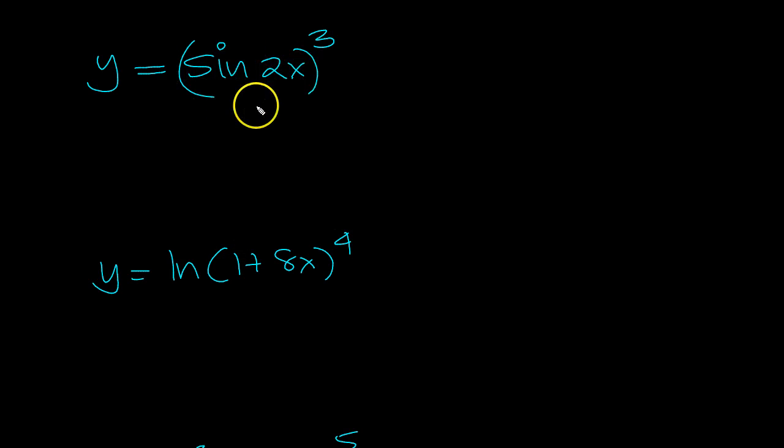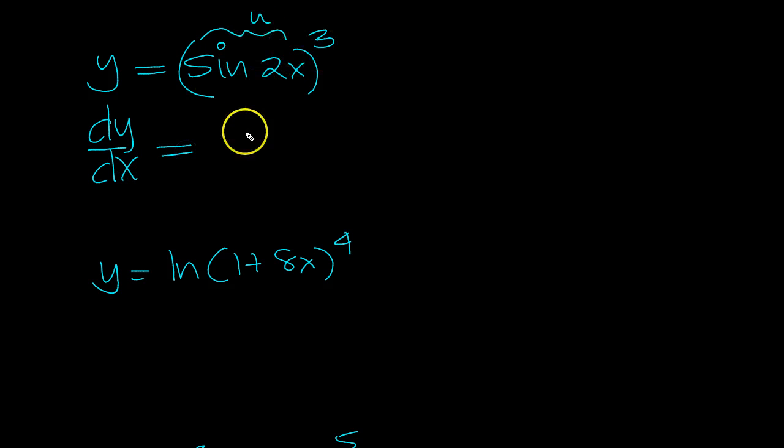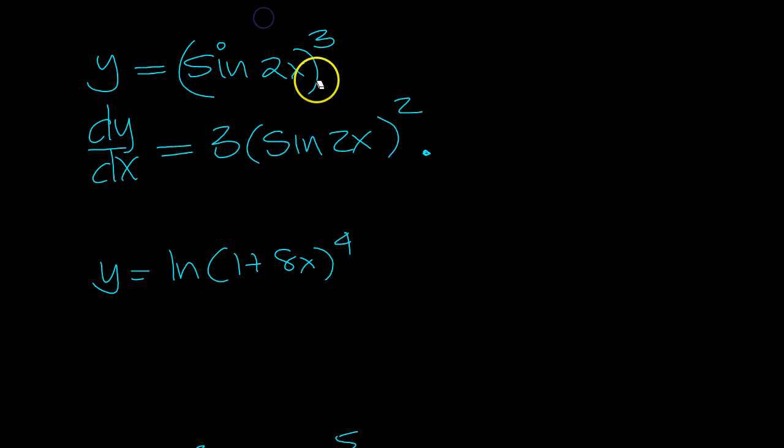Okay, here are the more complicated ones. This is something cubed in the first instance, but we've got not just 2 layers here, we've got an onion with 3 layers, because it's something cubed, but the something itself is a function of a function as well. So the first instance is to think of this as being u. So dy/dx then, we can do it in one fell swoop, we just got to be careful. u cubed differentiates to 3 times u squared, which is the sine 2x, multiplied by the something differentiated, but the sine 2x now differentiated is sine of something, isn't it?